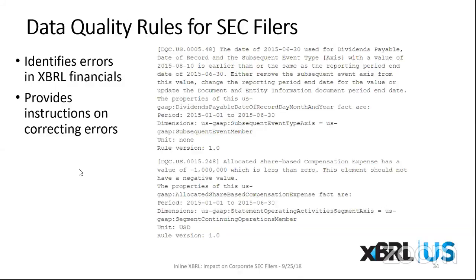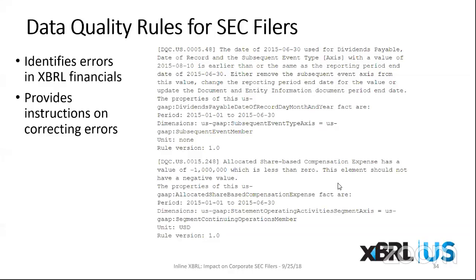So it explains that this is a conflict in dates that should be corrected and tells you essentially how to make a fix. Down below that, you see a different type of error, and this one is a negative value error. This indicates that allocated share-based compensation expense is recorded with a value of -1 million, which is obviously less than 0, and it should not have a negative value. So it explains that it should be reported with a positive value.